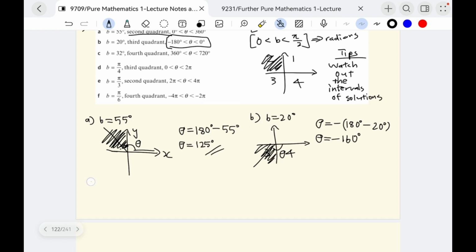For C, its base angle is 32 degrees and it wants the fourth quadrant. So it wants the answer from here. Assume it starts from the positive x-axis, quadrant 1, and the interval is from 360 degrees to 720. Why can't it be just 360 degrees minus the base angle?